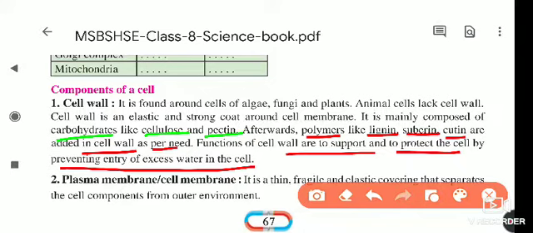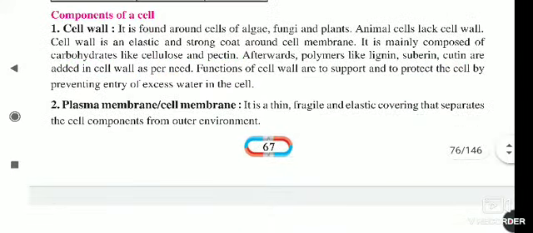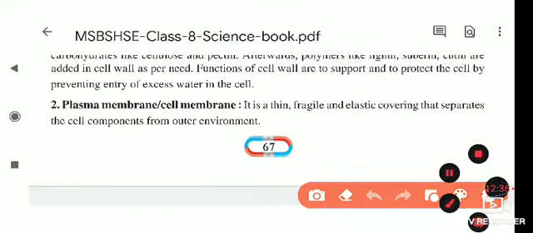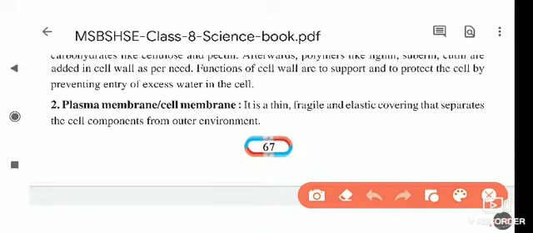After the cell wall, we will see the next part, the plasma membrane or the cell membrane. The plant cell has the cell wall, and inside the cell wall there is one more membrane, called the cell membrane.